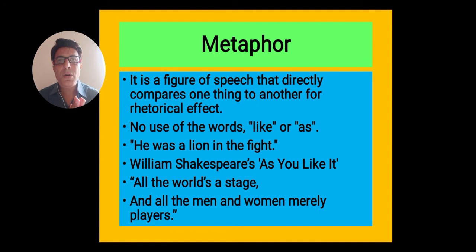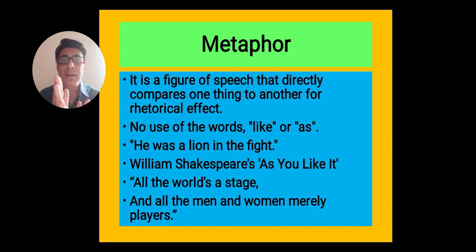Let's take one more example from English literature. William Shakespeare, a great tragedy writer, has also written a romantic comedy, As You Like It. In this comedy, Shakespeare has compared the world with a stage and men and women with the players, the actors on the stage.